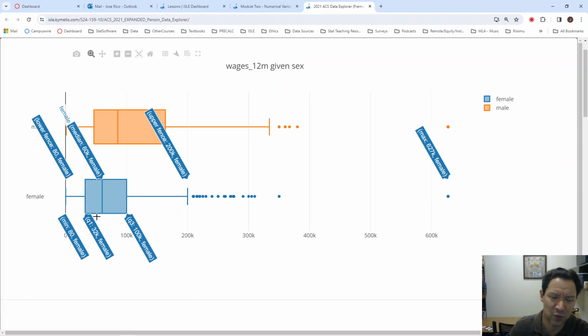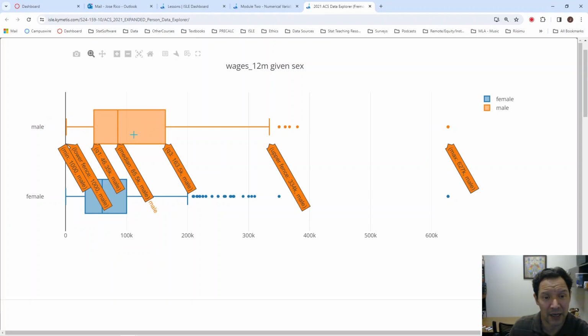It talks about how much variation or how much spread there is between the 25th percentile and the 75th percentile. Here the spread only goes from 32 to 100. 50% of my sample of women have wages between 32,000 and 100,000. For the men though, 50% of the men are between 46,000 and 163. So there's quite a bit more variability here for the men.